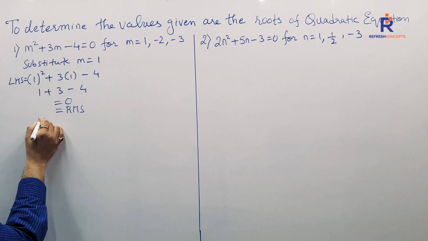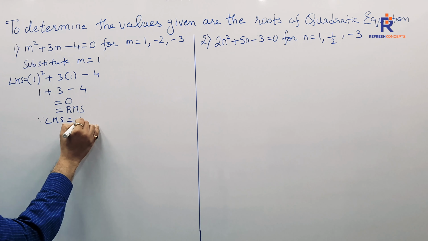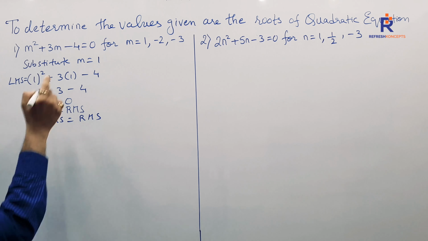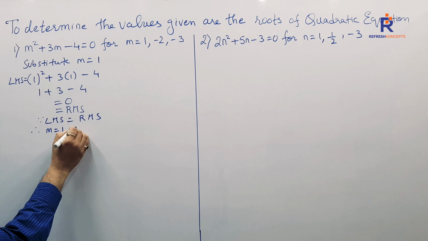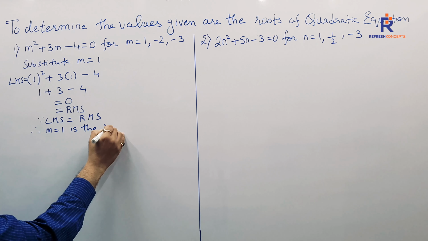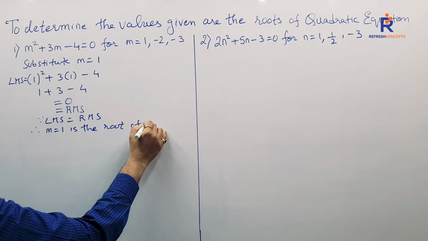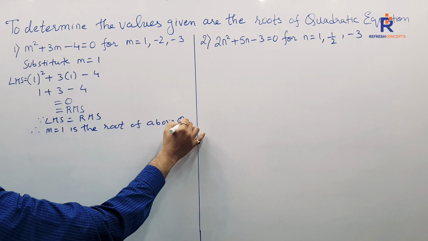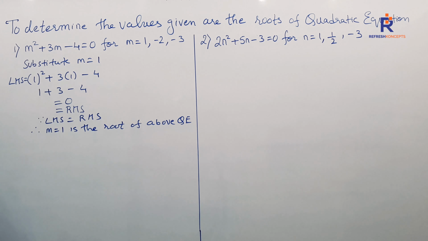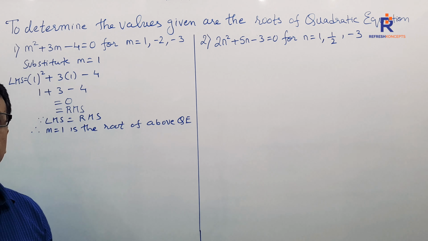Since LHS is equals to RHS, therefore, can I say m equals to 1 is the root of above quadratic equation. I can say it's a root of above quadratic equation.